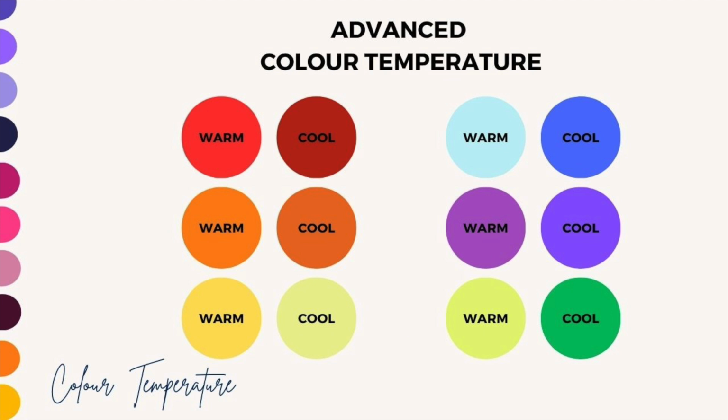Okay, so now that we have a basic understanding of cool and warm colors, we can start to talk about how every color can have a cool or a warm feel to it. So you can have a warm red or a cool red. A cool red would have a little bit of blue in it, but not enough to make it purple.